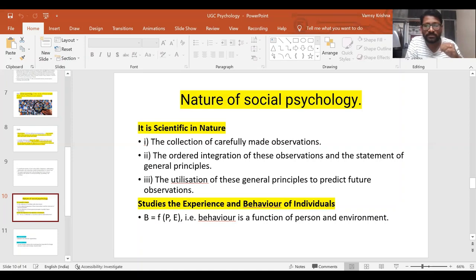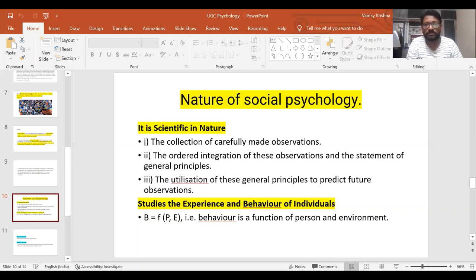The second step is the ordered integration of these observations and the statement of general principles. So we need to state general principles by integrating these observations, and we will put forth certain statements, right? And the third one is the utilization of these general principles to predict future observations.